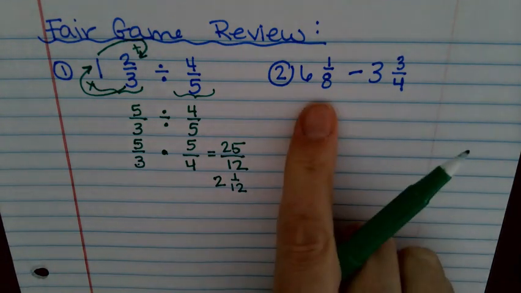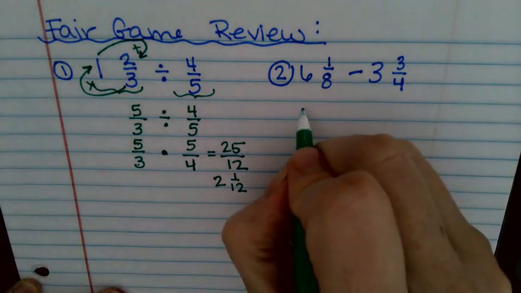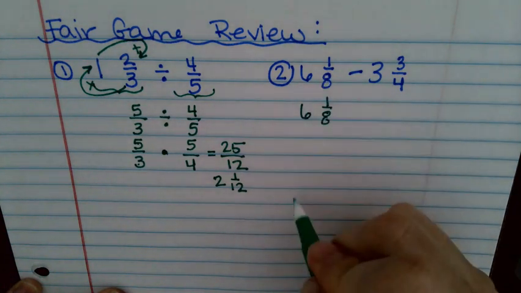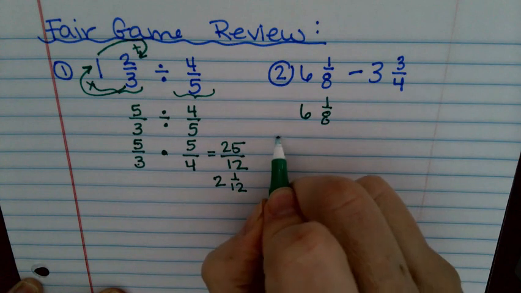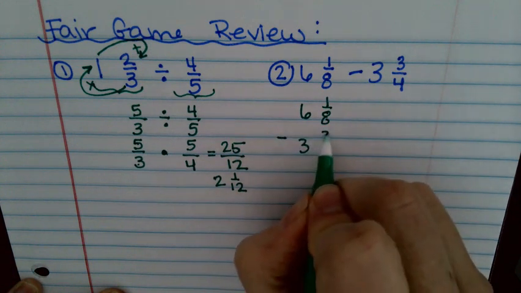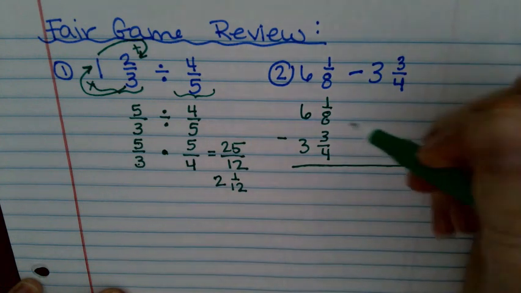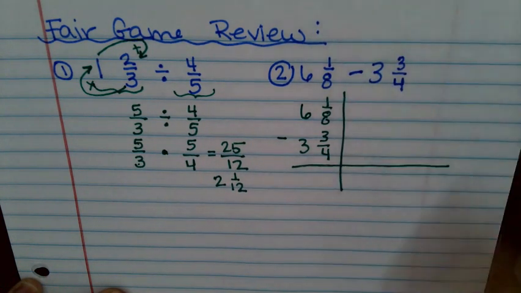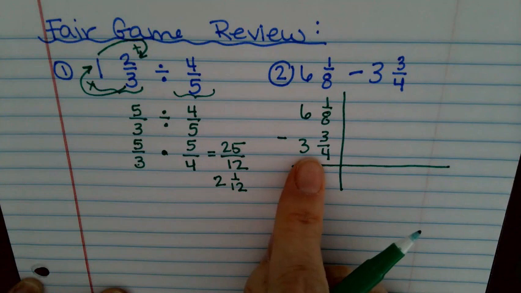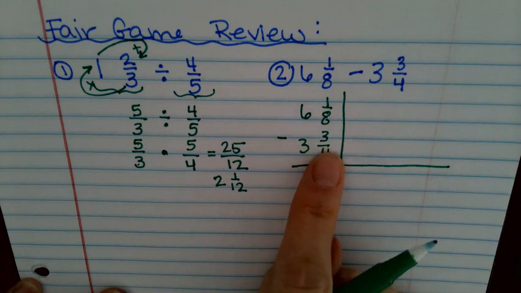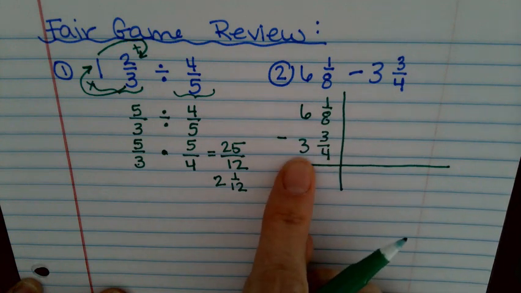When we subtract, I always recommend to write your numbers vertically instead of horizontally. So we're going to subtract 3 3/4. And then I start to get to work. The first thing I need to do is either convert both of these to improper fractions and then find a common denominator, or I can find a common denominator, subtract the fractions, and subtract the whole number separately.